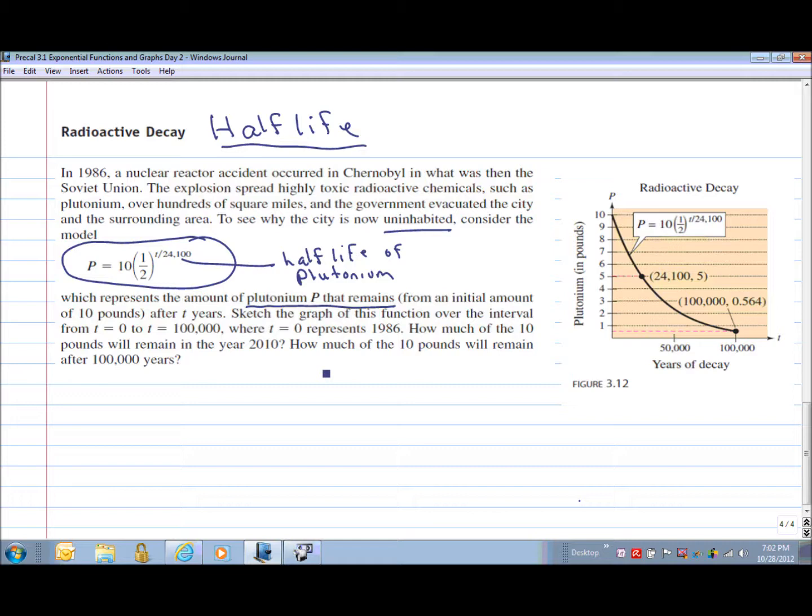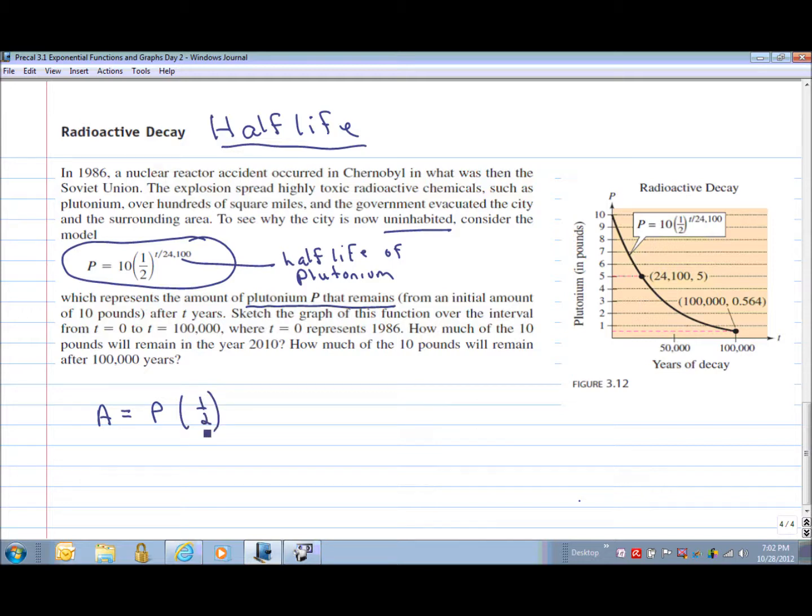I want to talk about this formula before we go on and calculate it. P is the amount that remains after time. P in this particular formula stands for plutonium. Often you'll see me write A because it's the amount after time, and you'll see me write P for principal like we did before, but really in this case it would be the initial amount of plutonium that you started with. Multiplied times 1/2 would be the base.